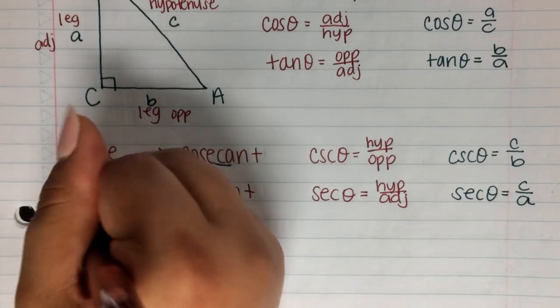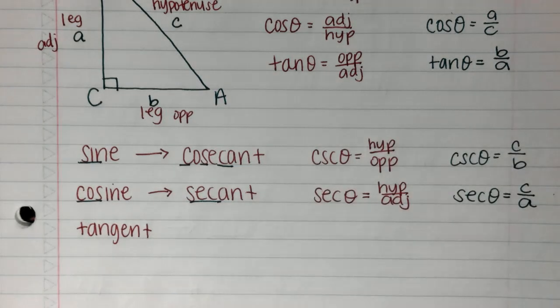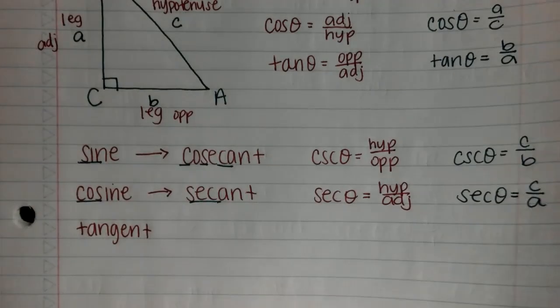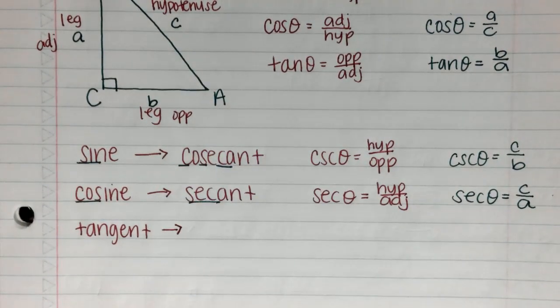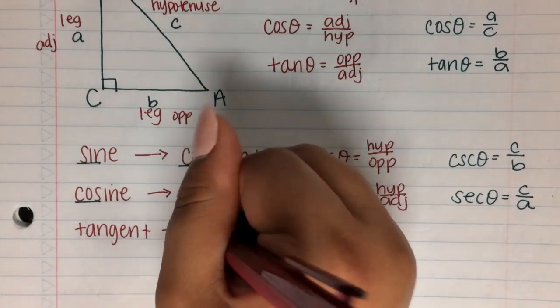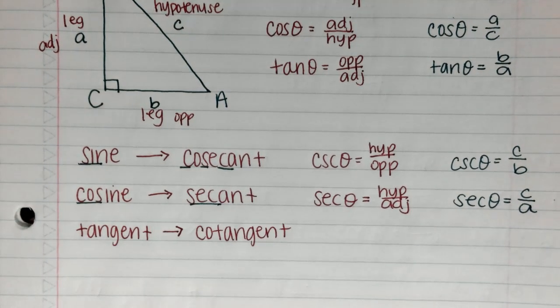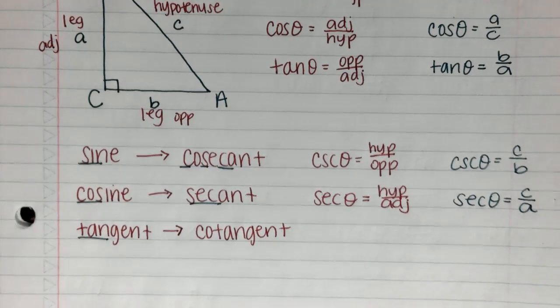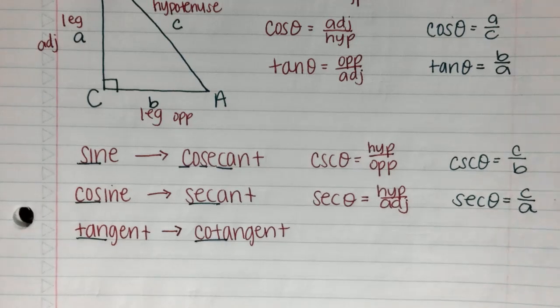Last but not least, we have tangent. Anybody want to guess what the reciprocal of tangent is? They got really lazy. Cotangent. How do you think we abbreviate cotangent? Cot.